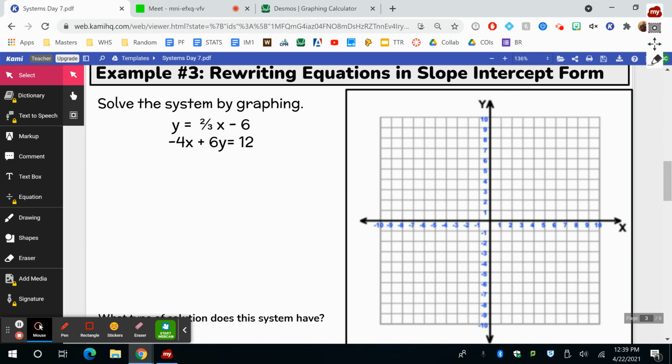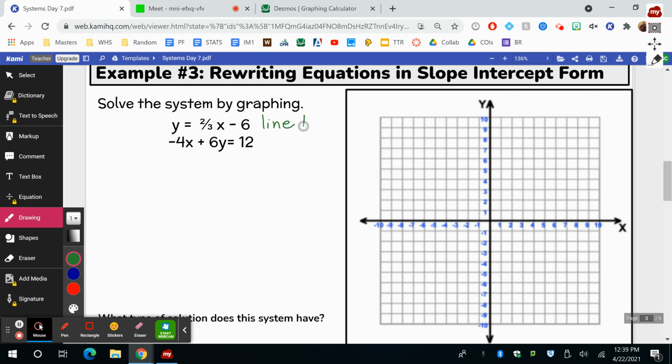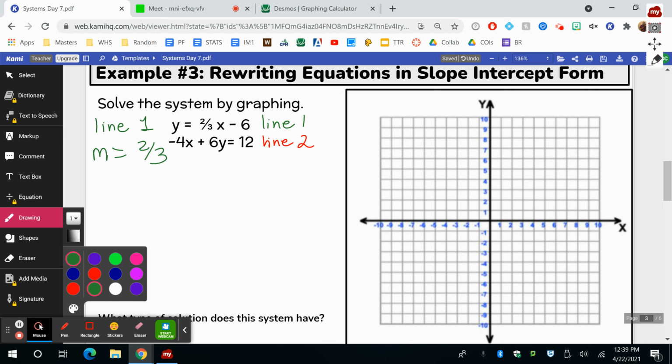And example 3, we're going to solve the system by graphing. Now, again, I have two lines. I have line 1 and line 2. Okay, I can already graph line 1 since I have all that I need. I have my slope, which is 2 over 3, and the y-intercept is negative 6. Okay, so I'm going to get started with this.